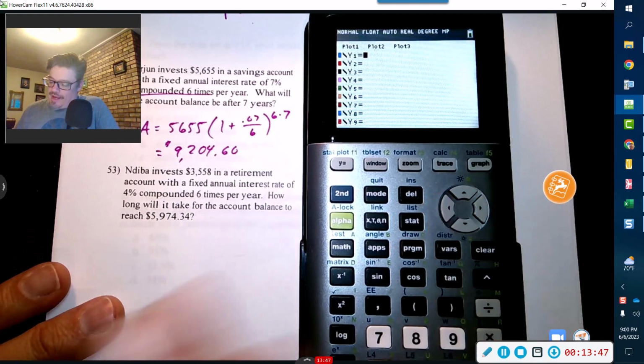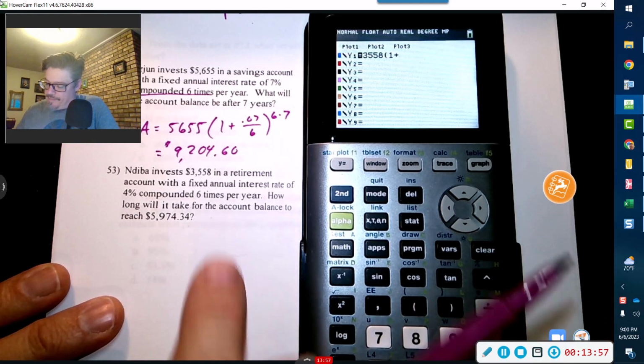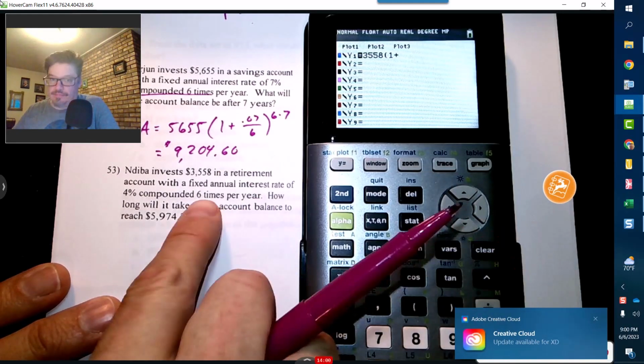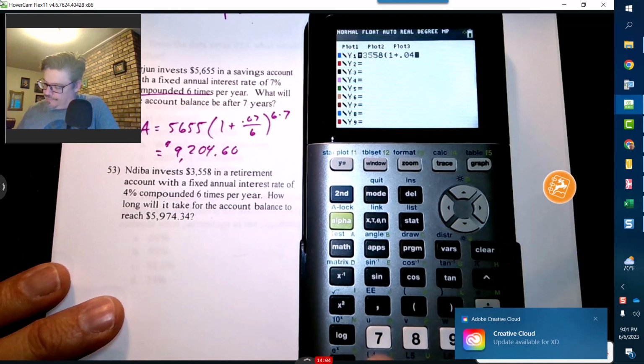Then we have to say that we start with $3,558. Now it's going to go up by 4%.